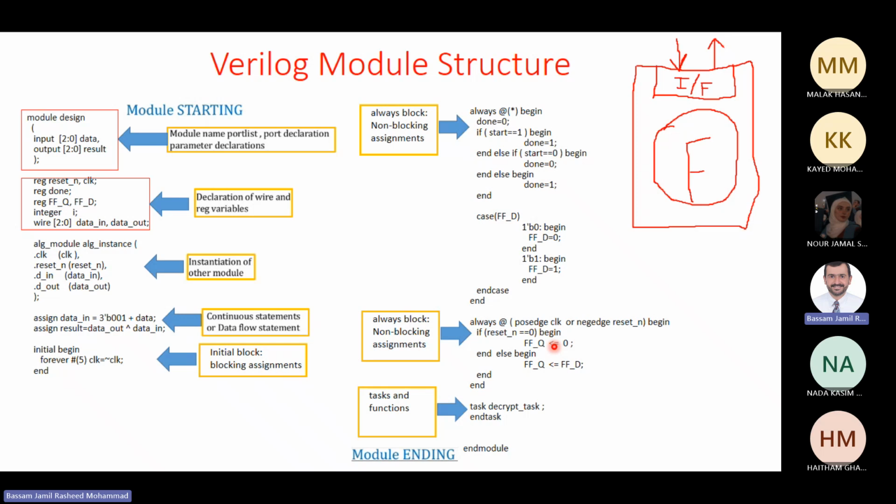There is a long discussion about this in the lectures, if you want to dig in. We are just doing an overall review here. Then I can define whatever tasks and functions here, and then we finish with endmodule. So what I just described is the skeleton of a module: the keyword module, matched by endmodule, interface declaration, declaration of variables, instantiation of already defined modules, continuous statements, initial block, always block representing combinational circuit or logic, always block representing sequential logic, and tasks and functions in the module. Question: do I have to have all of them?